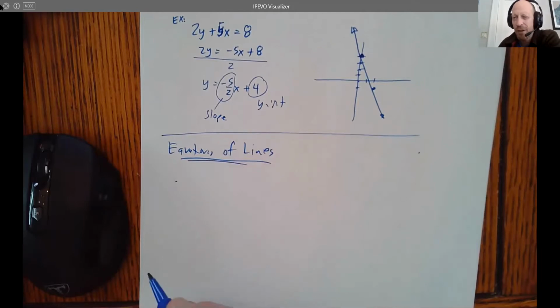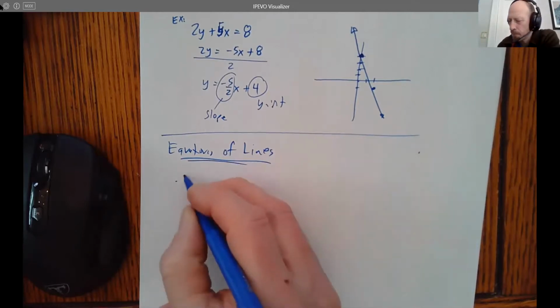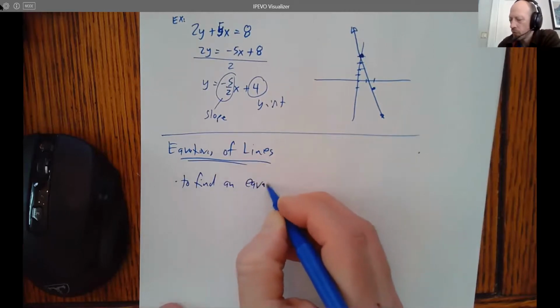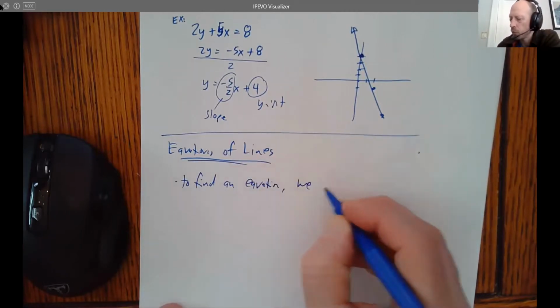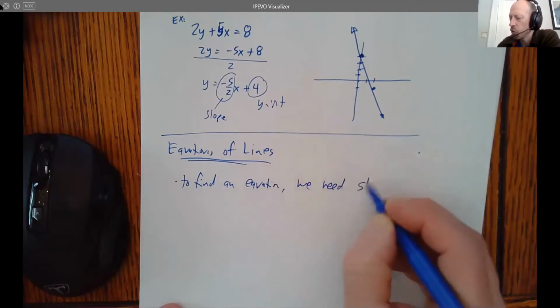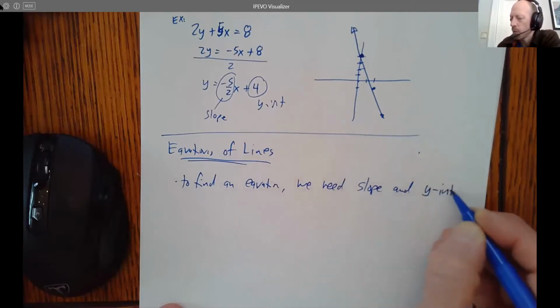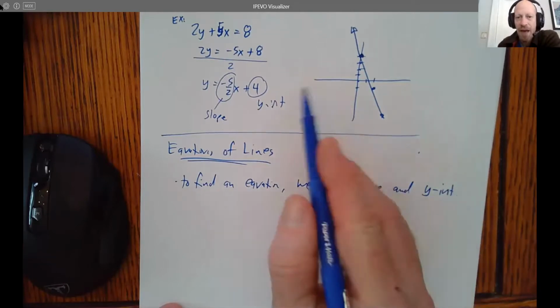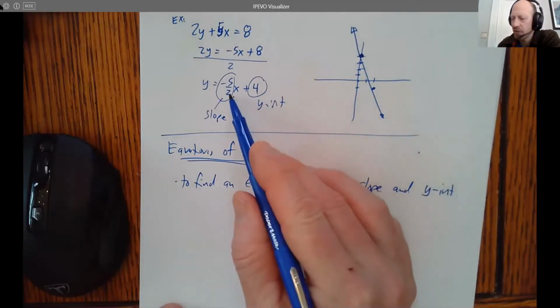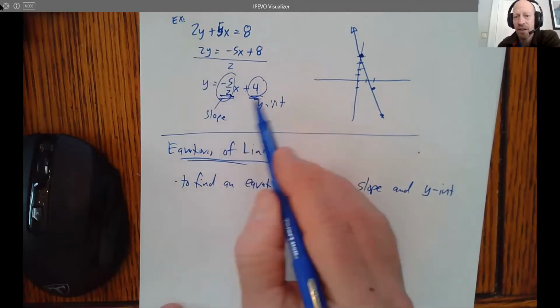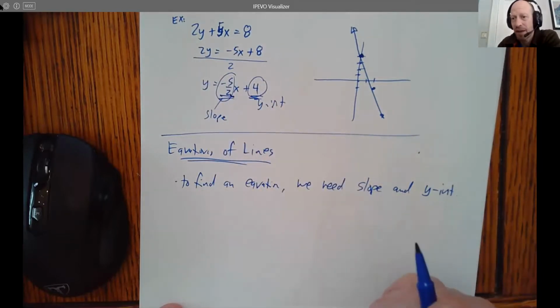If I want to find the equation of a line, to find an equation, we really need the slope and the y-intercept. If I have both of those things, the slope and the y-intercept, I can just plug them right in, and that tells me what the line is.